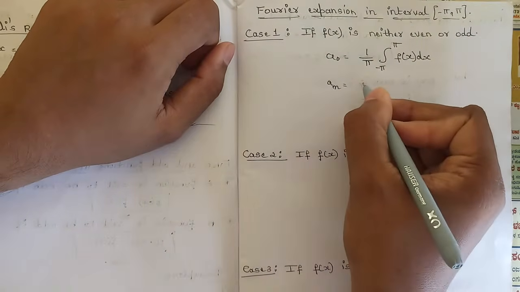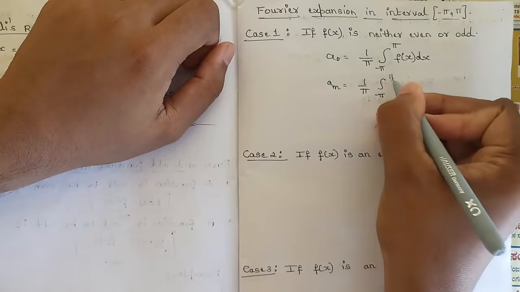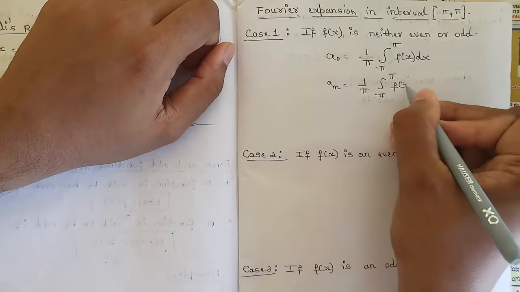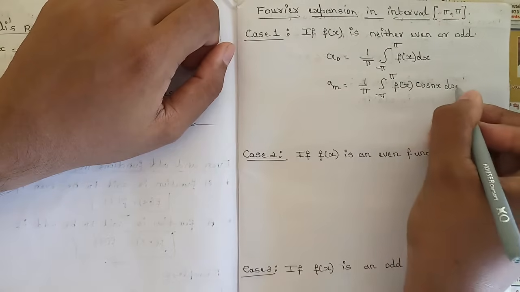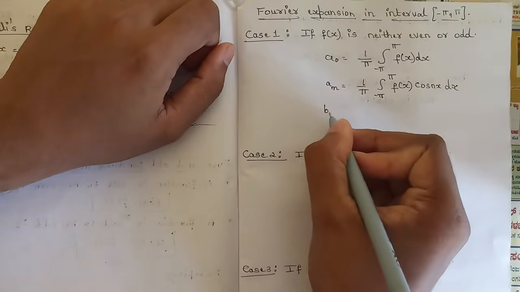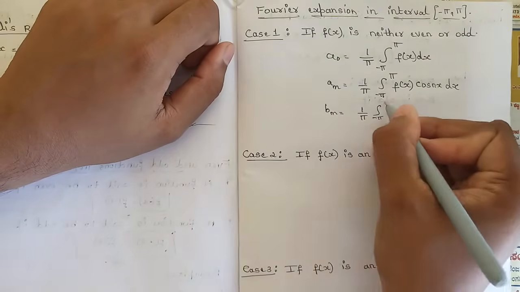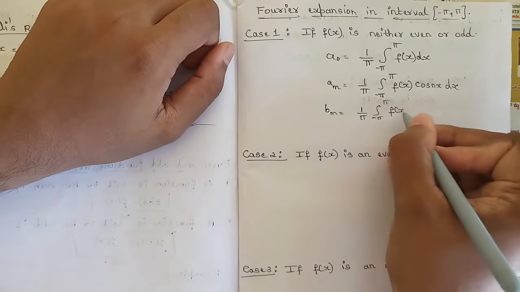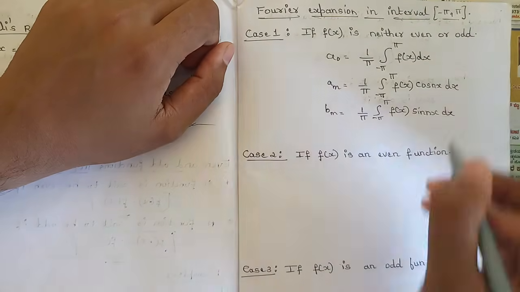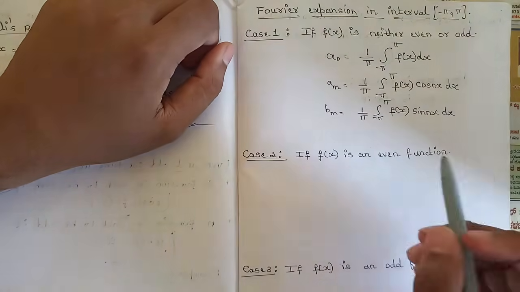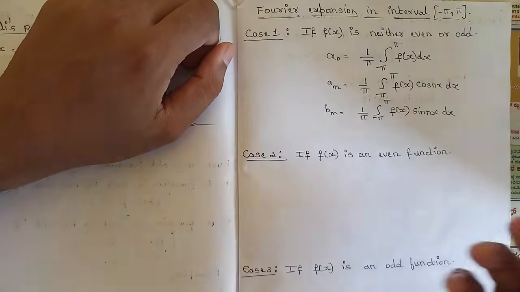An equals 1 by pi integration from minus pi to pi f of x cos nx dx. Bn equals 1 by pi integration from minus pi to pi f of x sin nx dx. So these are the three formulas in case the function is neither even nor odd.